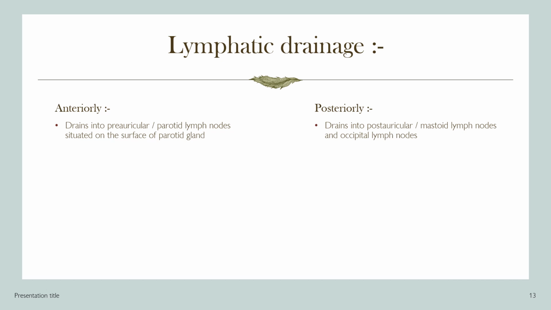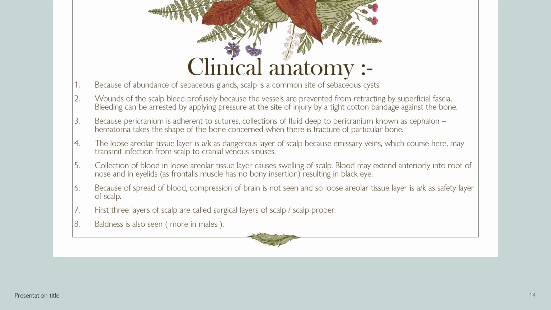Moving towards the next slide. Here we come to the last and final slide, that is the clinical anatomy of the scalp. Firstly, because of abundance of sebaceous glands, the scalp is a common site for sebaceous cyst.